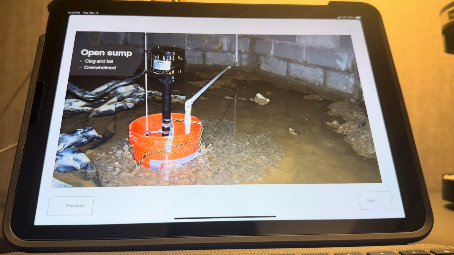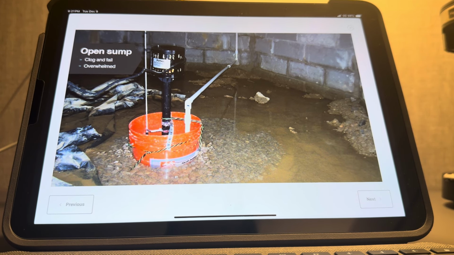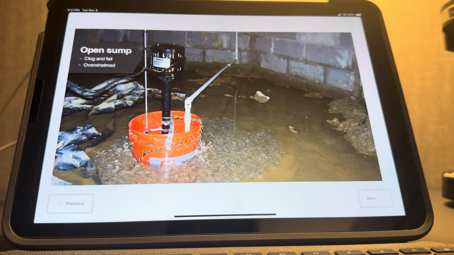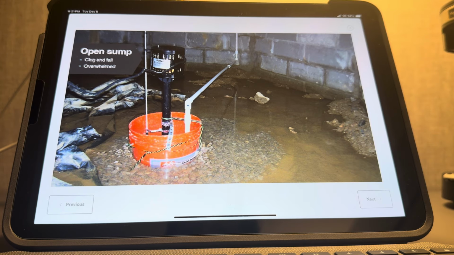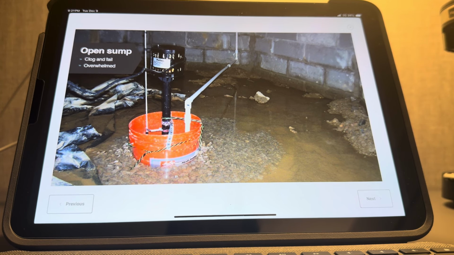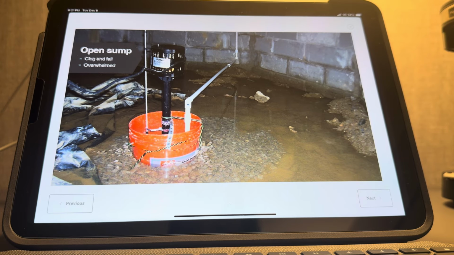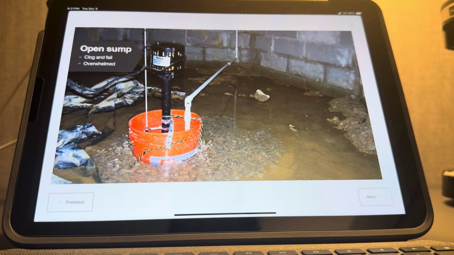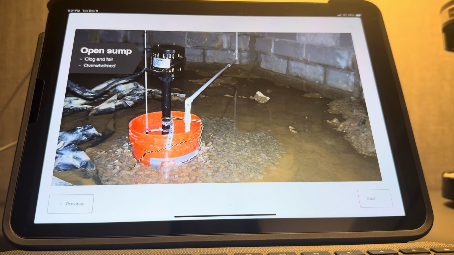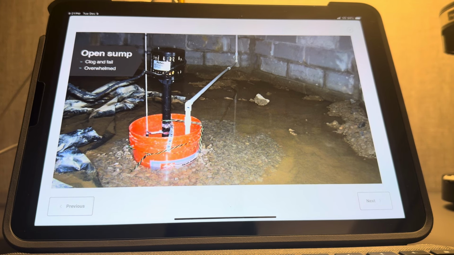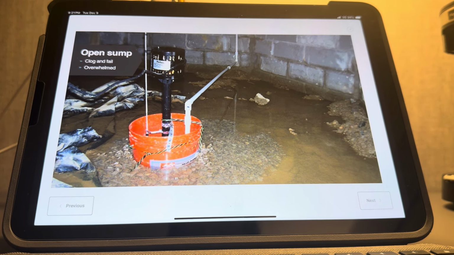And then the final option, and this option does reflect at least some basic knowledge and understanding that homeowners have of the issue, and this is an open sump pump. And so you can see in the picture that this is just kind of a mess, just sort of a hodgepodge of solutions kind of thrown together.